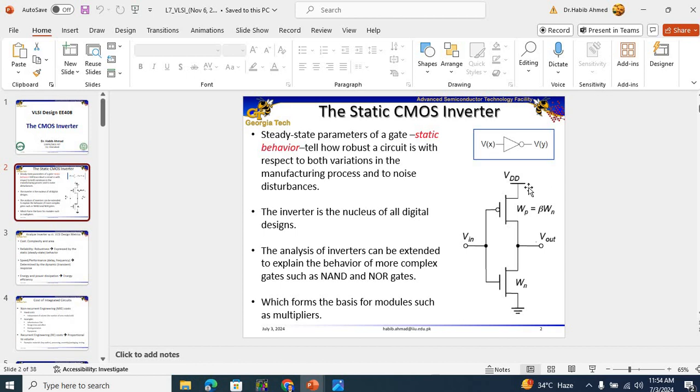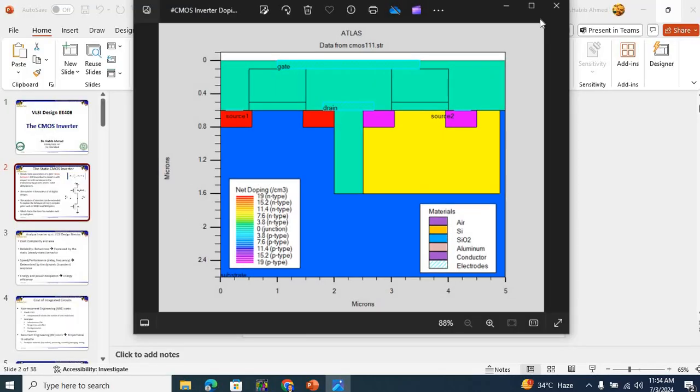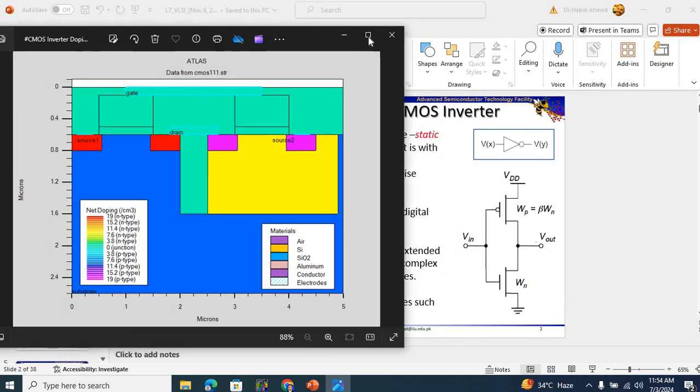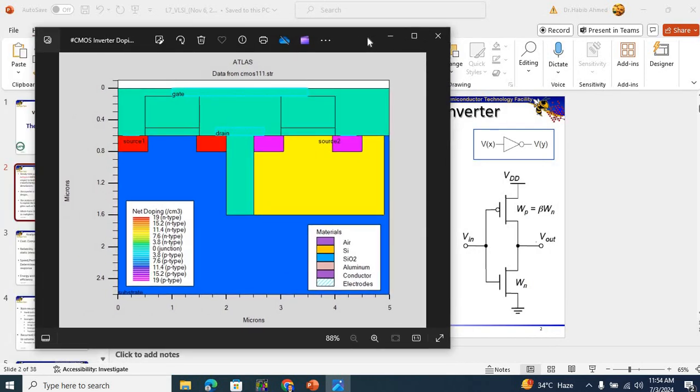So for example, here is a circuit diagram which is similar to this structure that I have made. I'm going to place them side by side so that you can better view them. In a CMOS inverter, we have a PMOS transistor and an NMOS transistor. Their gates are connected together.